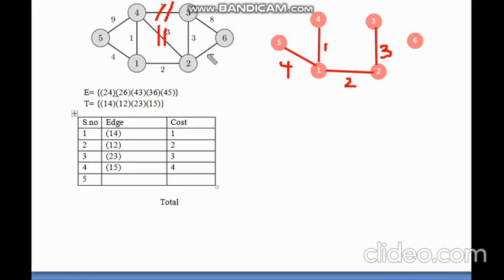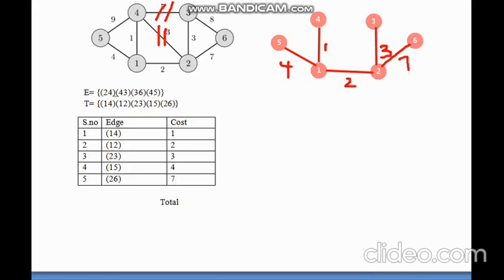Next I have 7, yes, 2 to 6 is not forming a cycle, so remove it from E and add it in T as the fifth edge with cost 7. Hence we have n minus 1 edges in T, so stop the process.